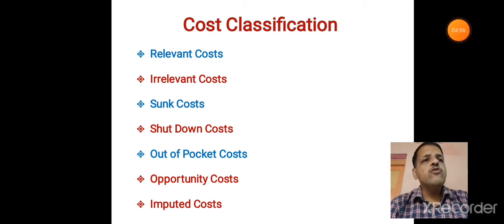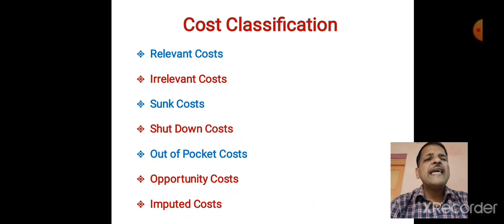Next is out of pocket costs. Now let us see what is meant by out of pocket costs. Certain costs which involve cash outlay, when we have to pay the expense or pay the cost in the form of cash, they are known as out of pocket costs. This can be avoided or saved.